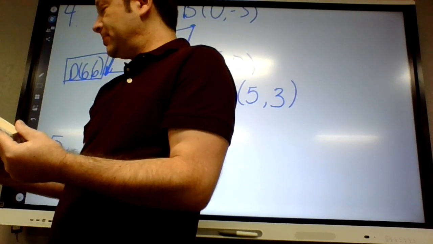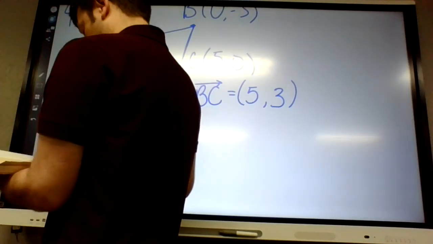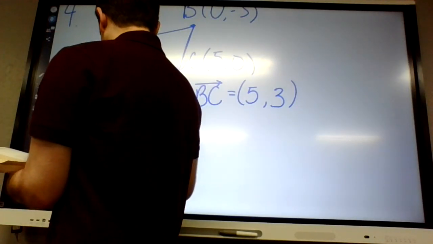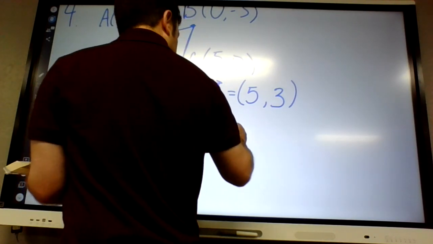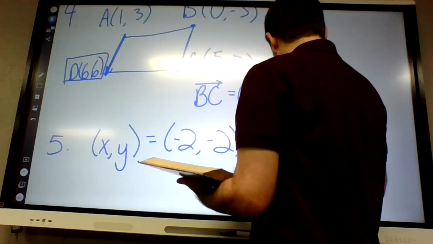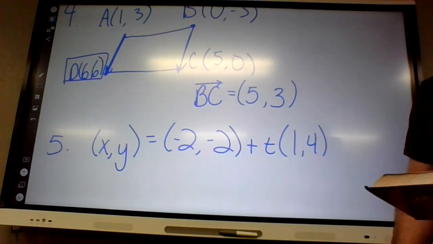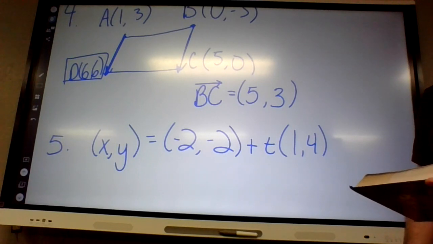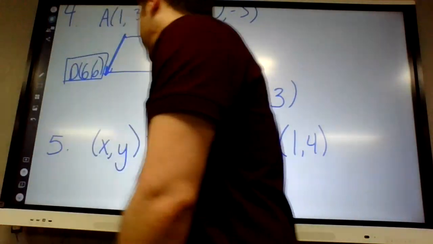Find the velocity and speed of an object that moves at a constant velocity, so its position times. The velocity, I didn't like this question very much.